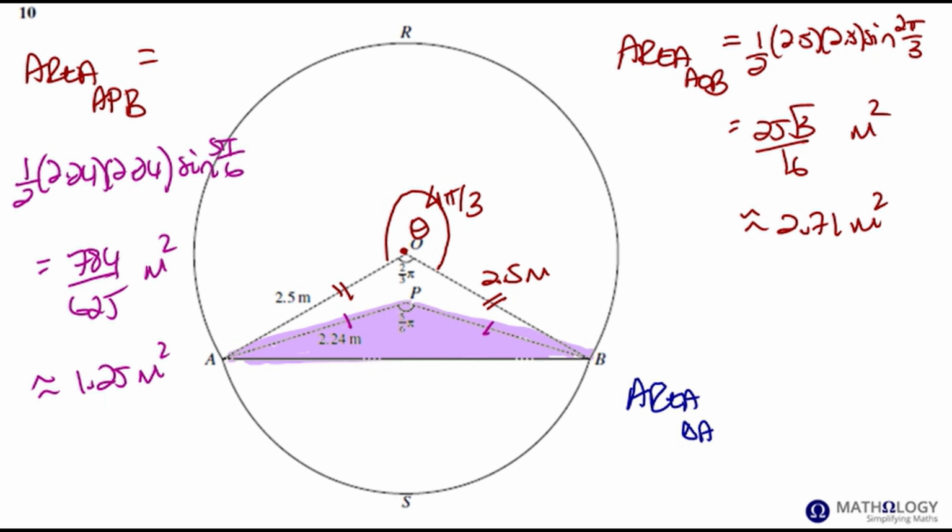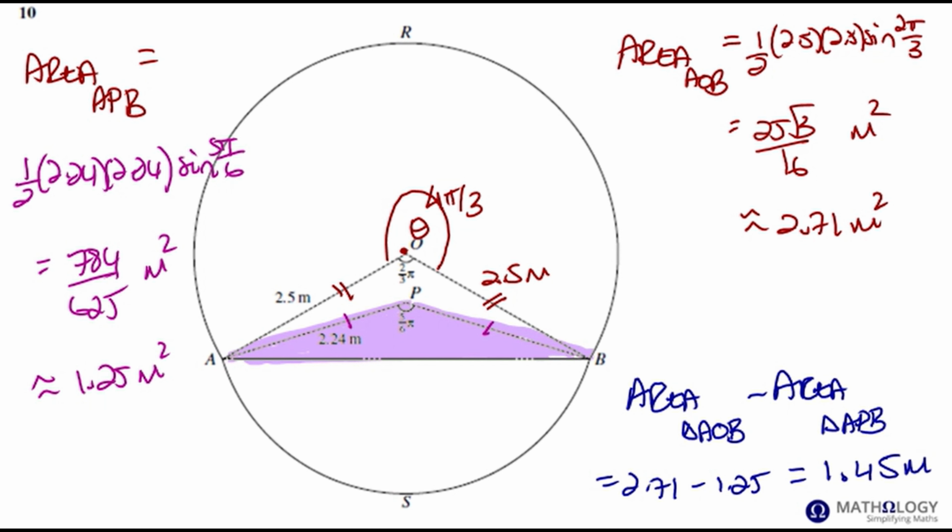Area triangle AOB minus area triangle APB is 2.71 minus 1.25, which is 1.455. We'll leave it as 1.45 meters squared.